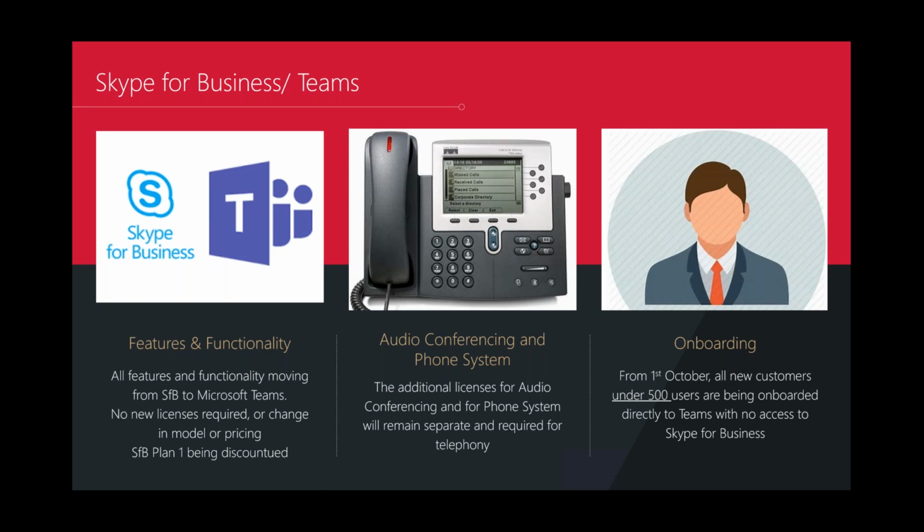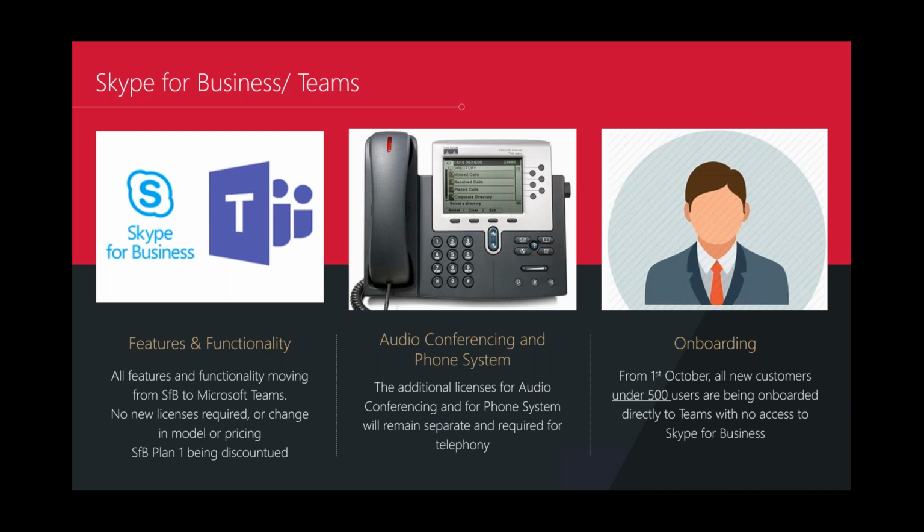For those of you sitting there with an Office 365 E3 license, you already had that Plan 2 level, so exactly the same level of functionality. It's particularly good news for those using E1, because E1 previously, at the start of 2018, was just Skype for Business Plan 1, just instant messaging and presence, and a few other bits and pieces.